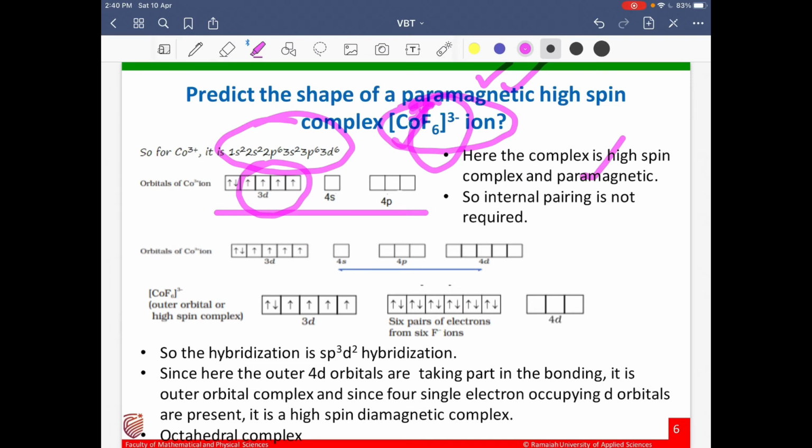How will the 6 come? 1 from 4s, 3 from 4p, and 2 from 4d. So total 6 orbitals.